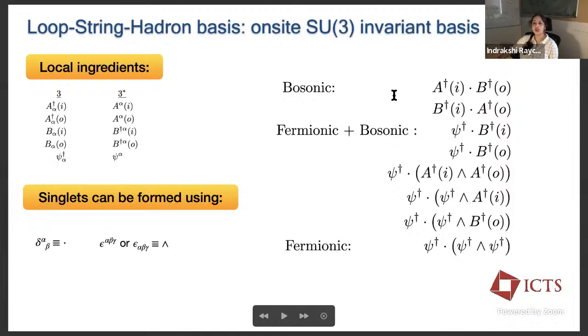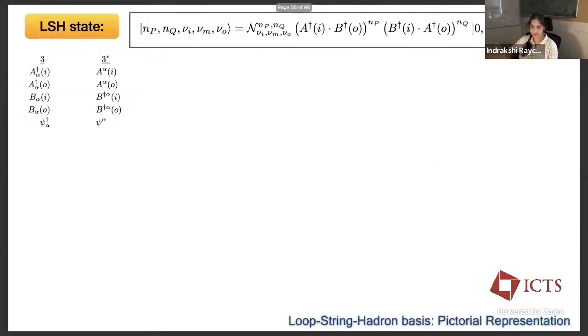So this is how you obtain a fundamental set of SU3 invariant creation operators. So now we want to define a local Hilbert space that will be characterized by some quantum numbers that would correspond to this set of fundamental local loop string operators. So we do it in this way.